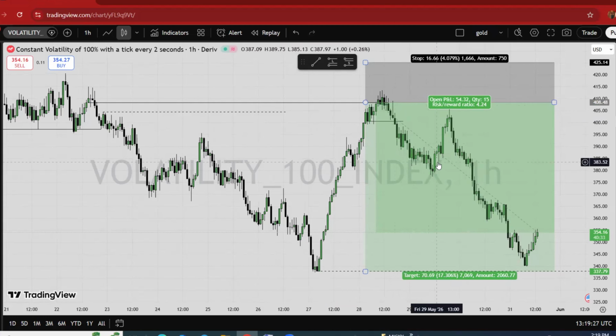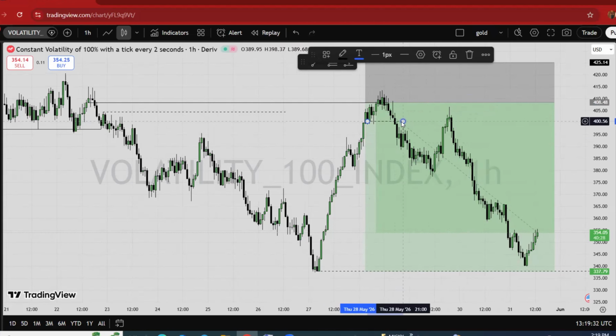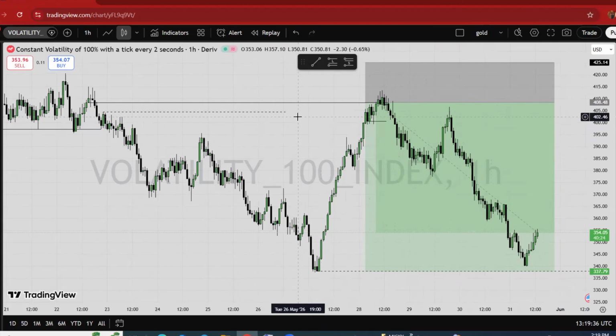And then there is a reason why price actually came back. There is a reason why price came all the way back. Like I always say, with synthetic indices, most of the pairs don't leave order blocks unretested. They don't leave order blocks unretested. So let's check.